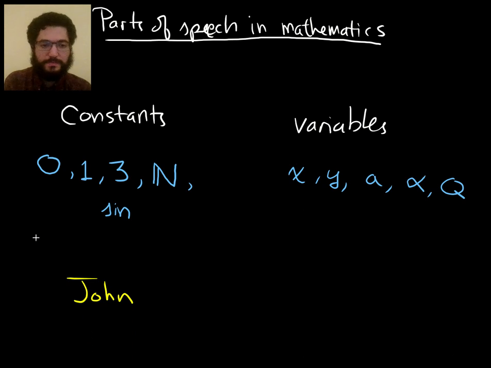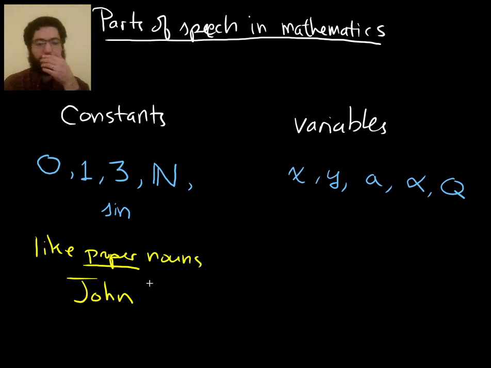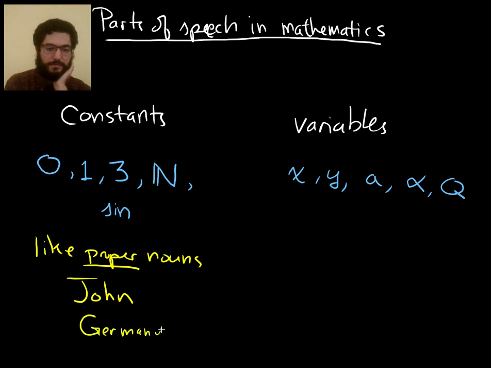Constants are like proper nouns. They refer to specific things. So like Germany is a proper noun. If you say Germany, that refers to a specific thing. If you say sine or 3, that refers to a specific thing.